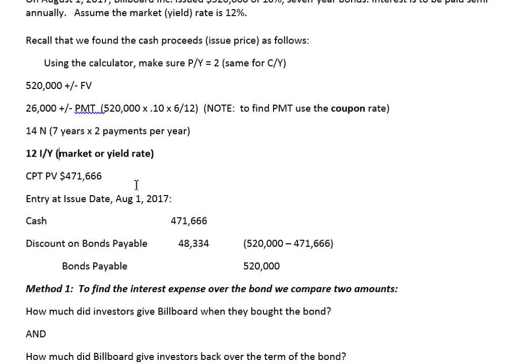And then we use our market rate or our yield, which is 12. So we put 12 I/Y in our calculator. Notice we don't cut this rate in half. The calculator's smart. It knows your 520,000. It knows your 26,000. So it already knows that you are going to be entering in an annual rate.